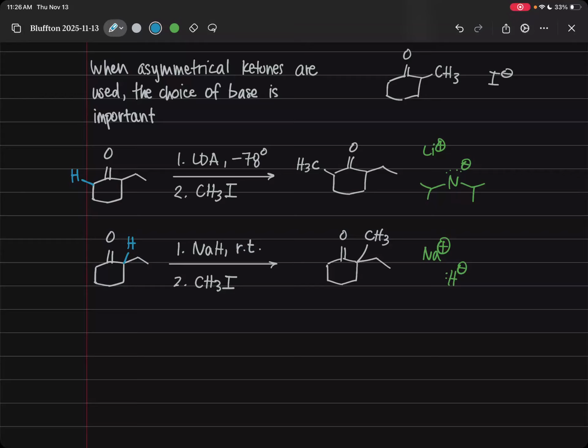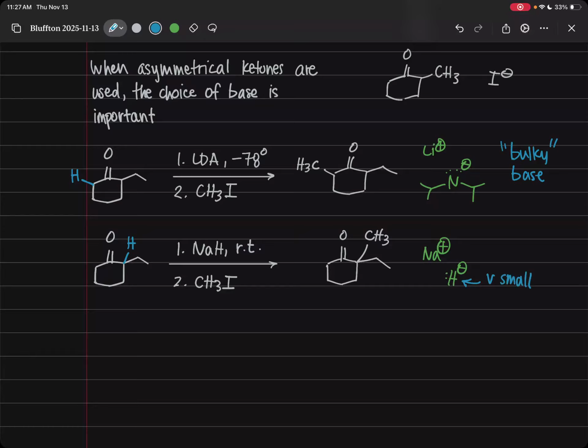This is best thought of from the perspective of LDA because it's sort of the more interesting example, at least I think it's the more interesting example. And that's because of all the decoration around the nitrogen atom. So we've got two isopropyl groups. And those groups are fairly large and bulky. So we call LDA a bulky base, whereas the hydride is really small.